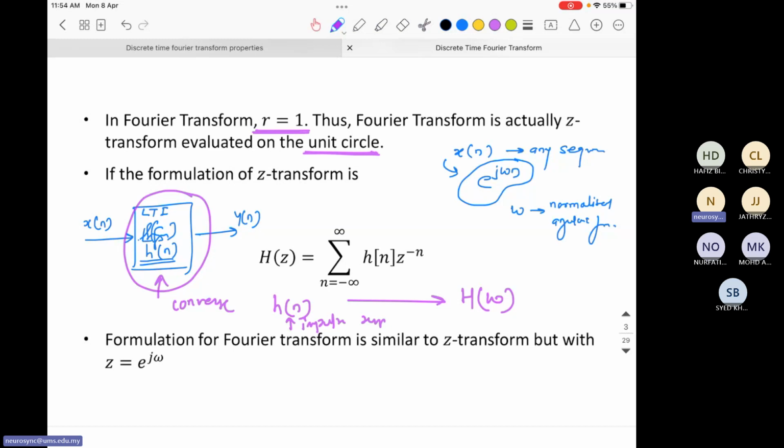Now, what is this? This is the frequency response of the system. So after doing the discrete time Fourier transform of this original impulse response, we can get the frequency response of the same system after the transformation.